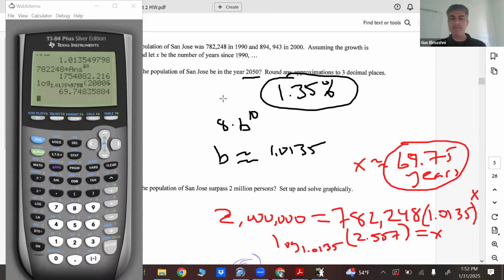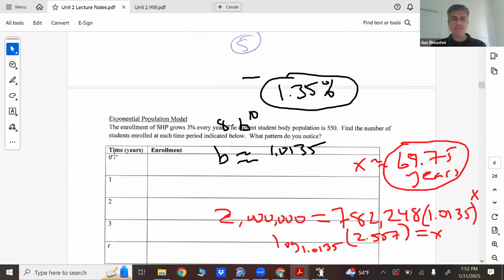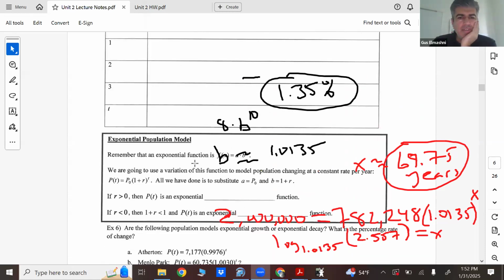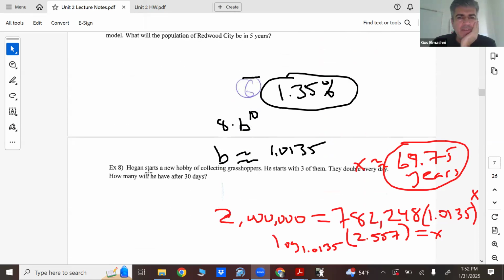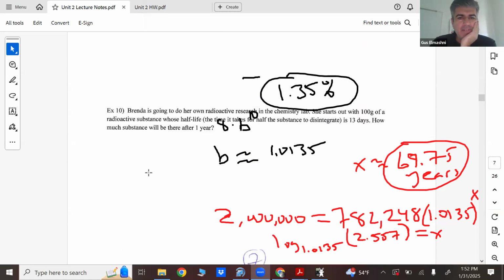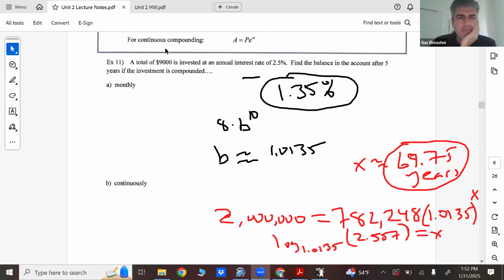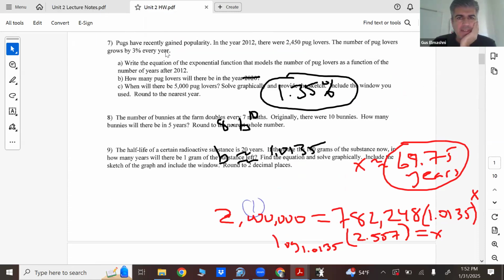Cool. We good? All right. I think, do I really want to do this problem here? Compounding interest. Let me look at the homework, see what's on deck.